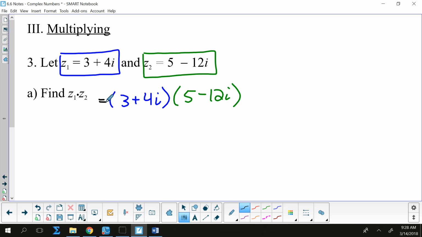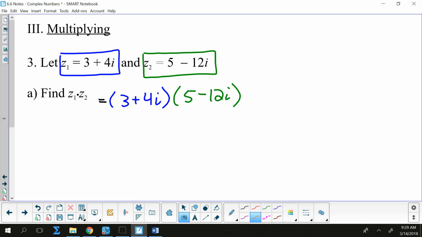Can we do that? Okay. Help me out. Walk me through this. What do I do first? I'll multiply two complex numbers in standard form. Double distribute. Okay.